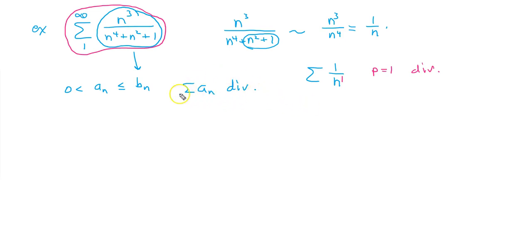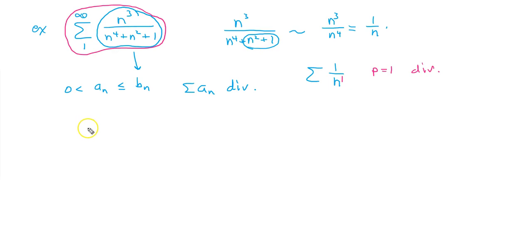Okay, so that's what we're going to try to do. We're going to try to find the a_n's, which are a little smaller than our terms up here, thinking of these as being the b's, in which the series involving the a_n's diverges. And the reason we're doing this is because we have a feeling that this series diverges because of what we discussed over here.